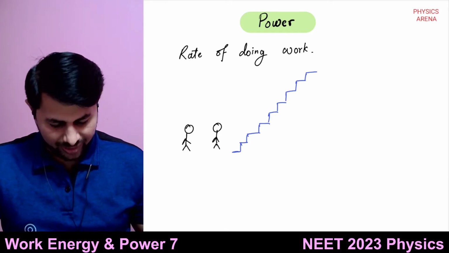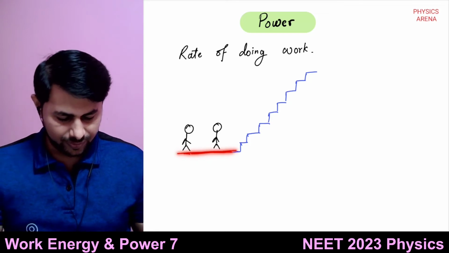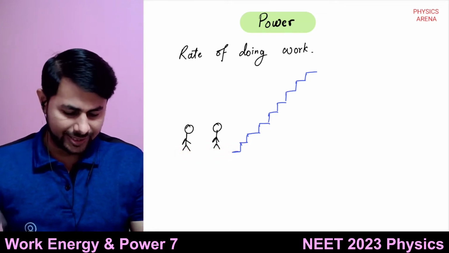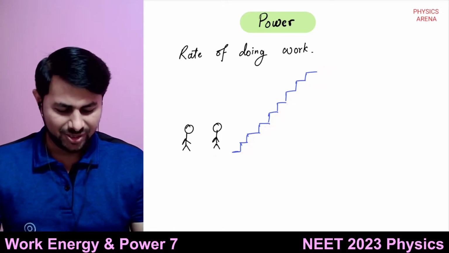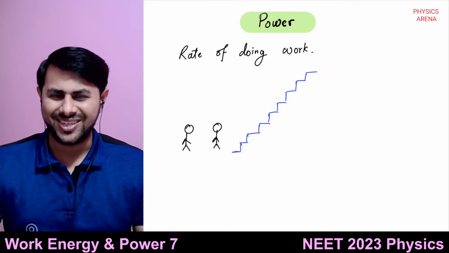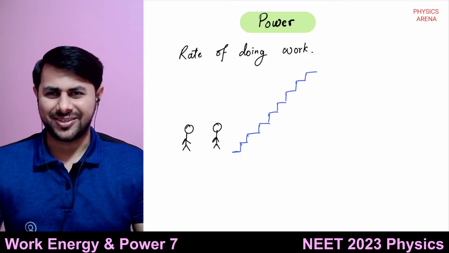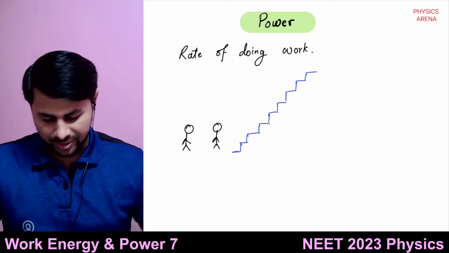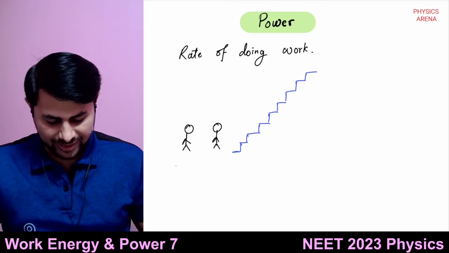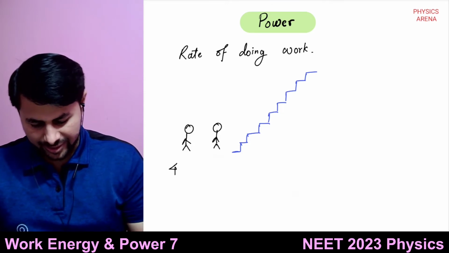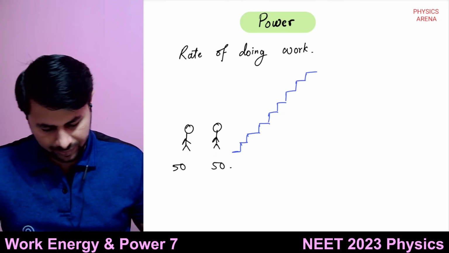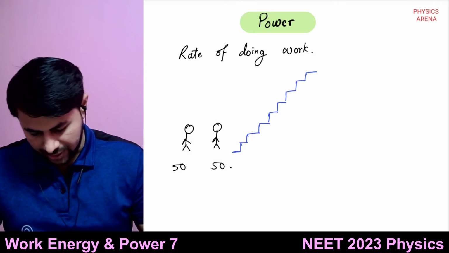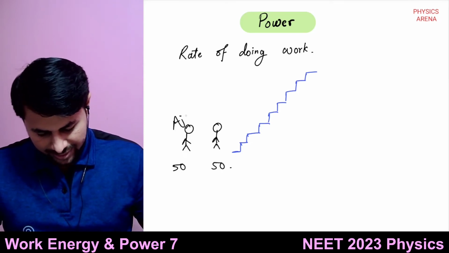Let's suppose they decide that whoever reaches first will get, let's say, 100 rupees or some prize from the other, or some party. So their masses are equal, let's say 50 kg and 50 kg. So this is Ajay and this is Vijay.